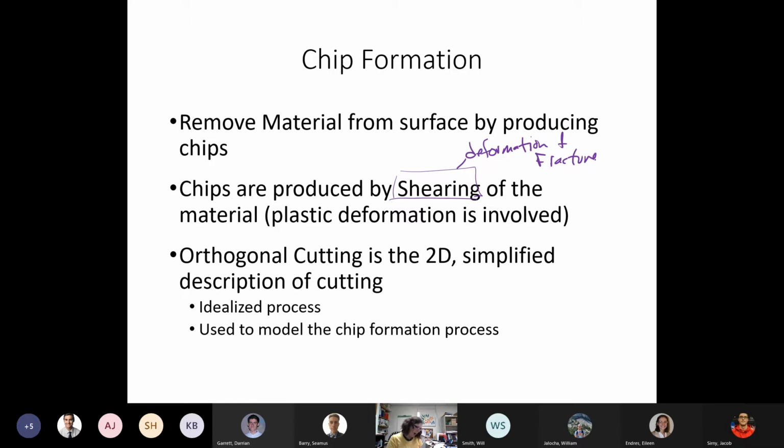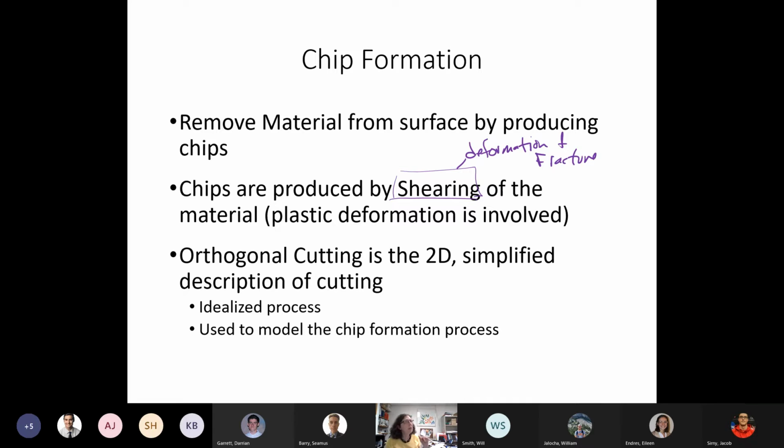But I think we should recognize that the orthogonal model of cutting is a two-dimensional, very simplified description of cutting. There are equations and models that come from that, and we should have a little bit of an idea of what those variables are. It is an idealized process, used to model the chip formation process.